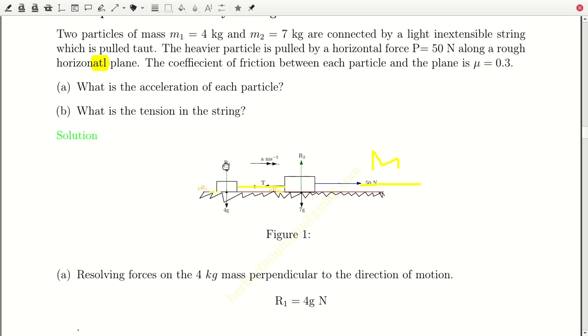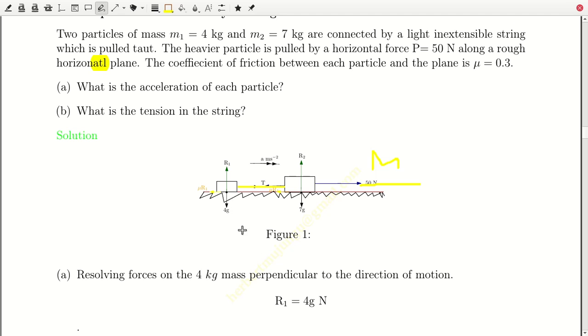If we resolve forces perpendicularly to this object, as you can observe, the upward force R1 is equal to the downward force 4g.